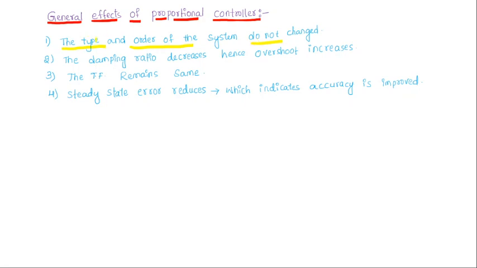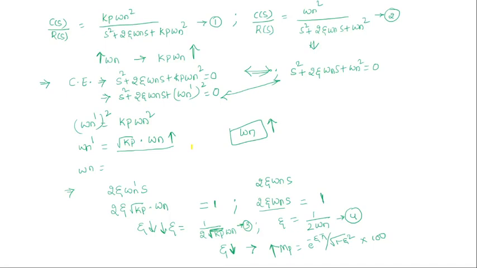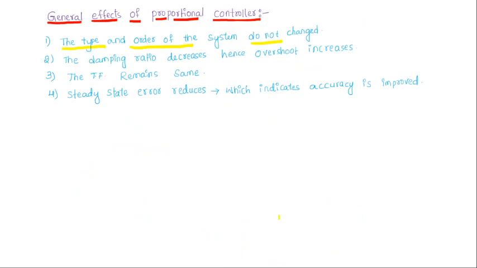Already we discussed the damping ratio zeta is decreasing, so the percentage of peak overshoot is increasing. This is the second effect. And the transfer function remains the same; only the gain in the numerator is increasing, because we are adding Kp in the numerator.